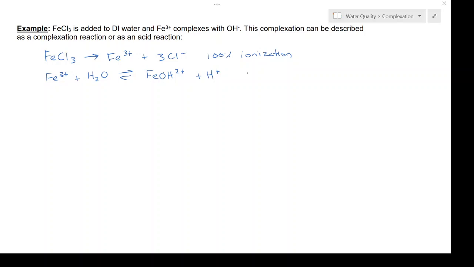And so we can describe this with a Ka equilibrium constant, and we're going to denote it as 1 because this is the first release of a hydrogen ion.